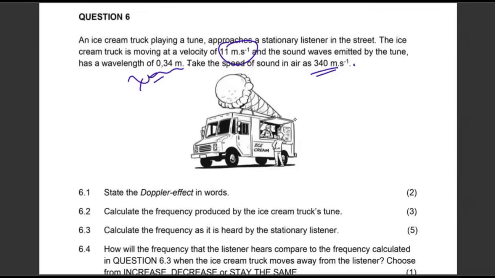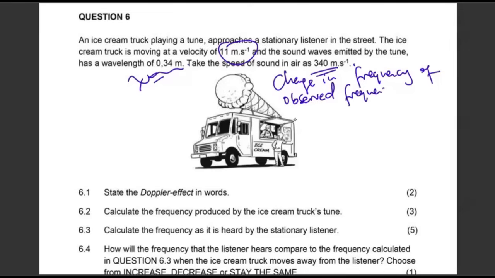So the Doppler effect is the change in the frequency, some people call it pitch, of the observed sound. Let's call it observed frequency, the observed frequency by a listener, because of the sound source and the listener having different velocities.